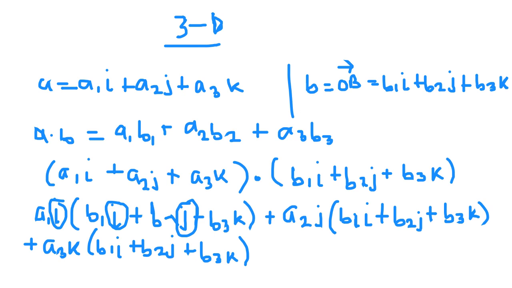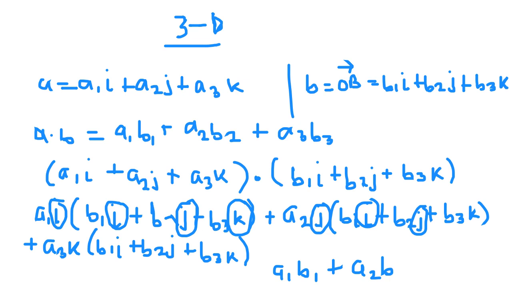So we're going to be left with A1 B1 because I dot I is 1. Come to this second part. J multiplied by I is 0. J multiplied by J is 1. So we have A2 B2. J multiplied by K, by the property we described above, is 0.